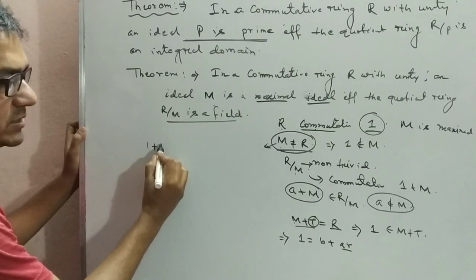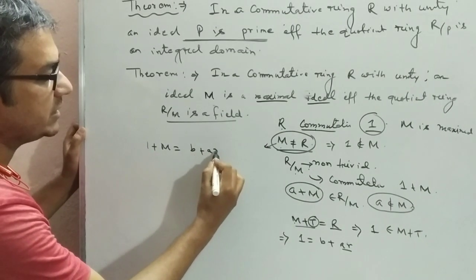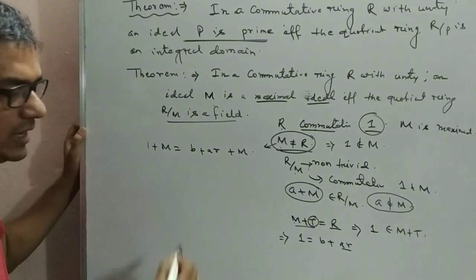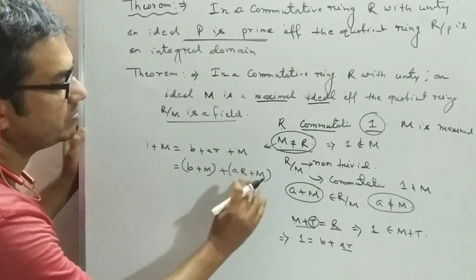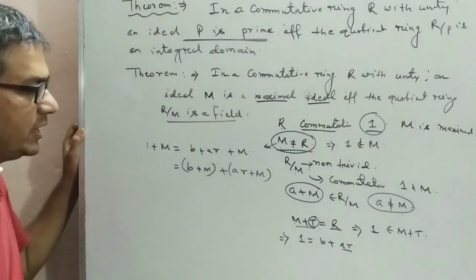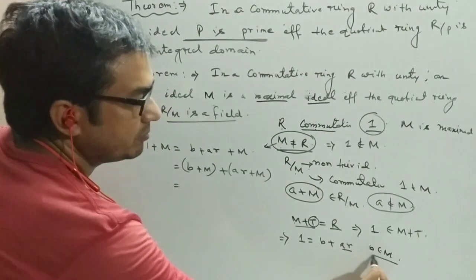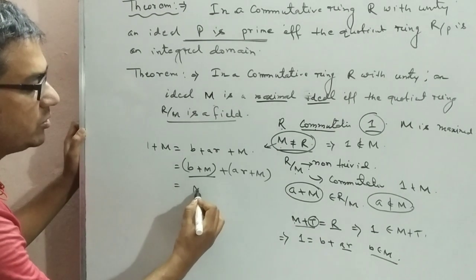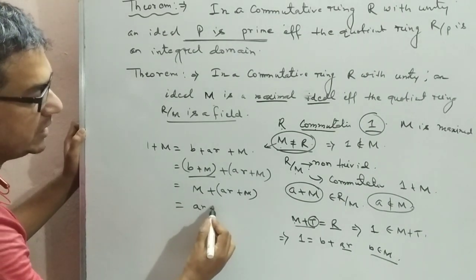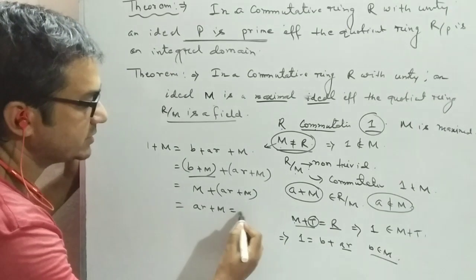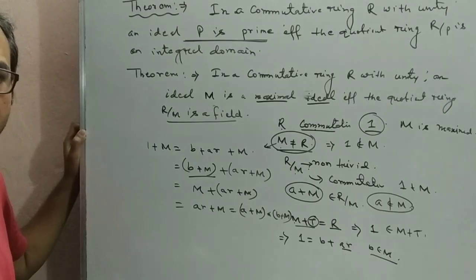Now 1 plus M equals B plus AR plus M, and this is B plus M plus AR plus M. Since B belongs to M, B plus M equals M, so we get AR plus M, and this is A plus M star R plus M from the definition of star.